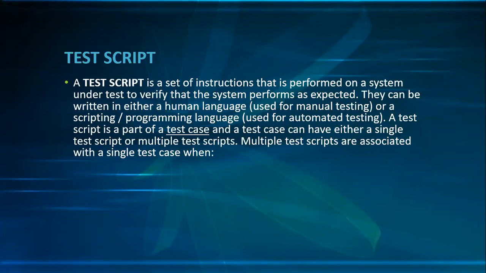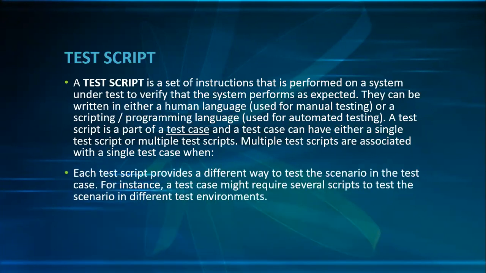When you are given the project to work on, once they start developing that system, that is a system under test. That is a system you'll be testing. So the only thing you want to do is to validate and verify that it is working as expected. That is what a test script is.